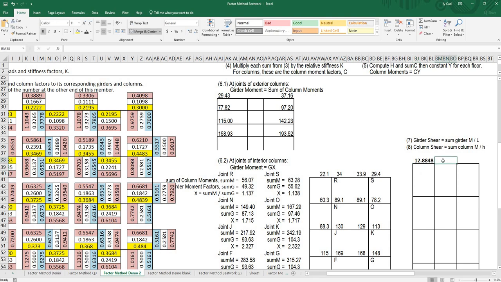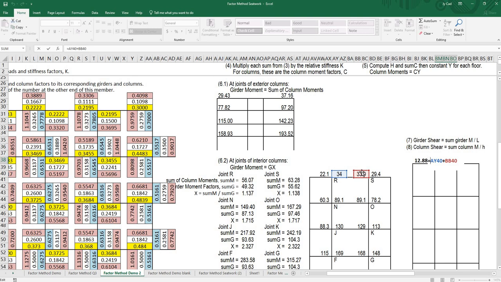For this beam, the girder shear is equal to 34 plus 33.9 divided by the length, girder length na 8.